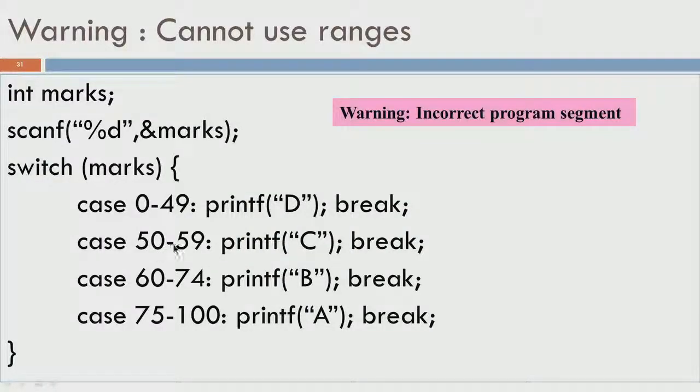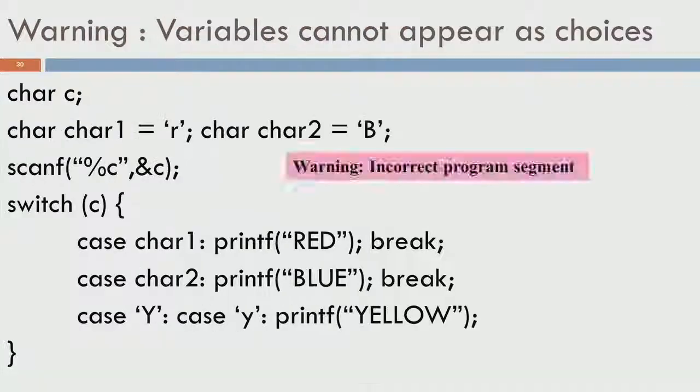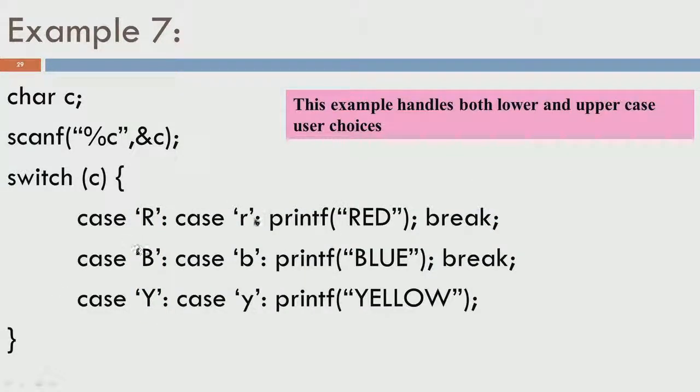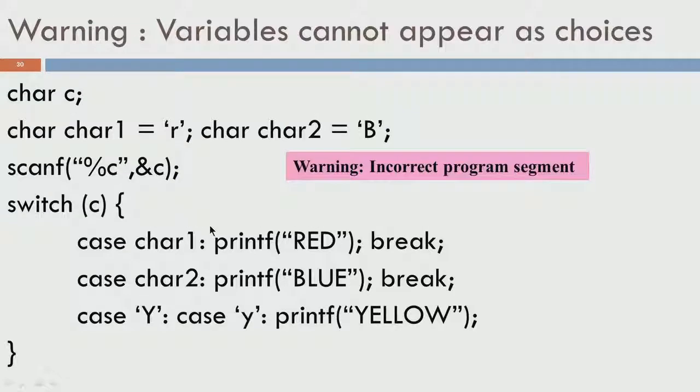You cannot provide a range of values in a constant expression. It has to be a single value for this case clause. So, whenever you have multiple values, you have to have multiple cases. That is why we had this here. There were multiple values, R and r, for which we wanted to printf red, and we actually have multiple cases specified explicitly.